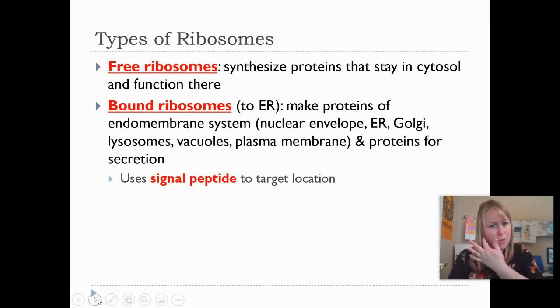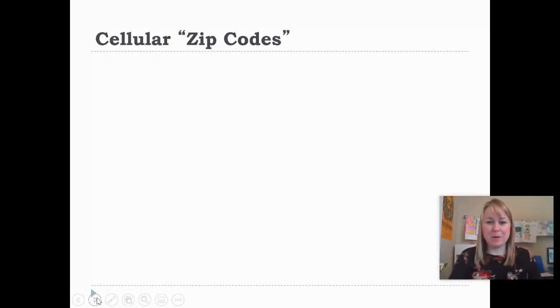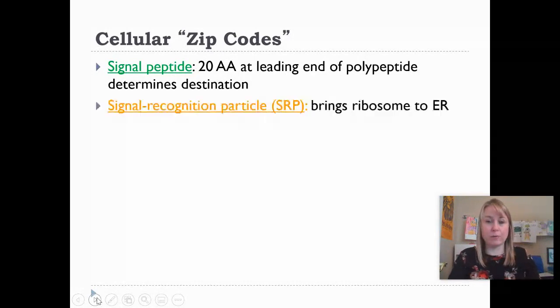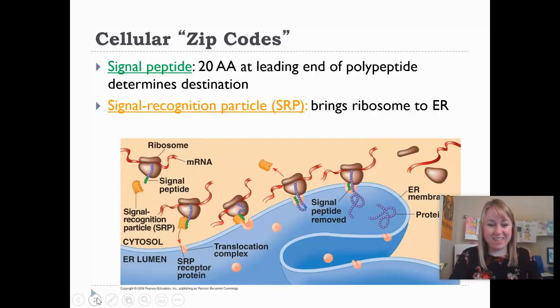Now, how does it know where to go? Of course, chemistry. There's a signal peptide, or a type of protein that acts kind of like a cellular zip code, right? It's going to tell the protein where it's supposed to end up, whether it's at the outer membrane for excretion or if it's supposed to go to a free ribosome and stay there in the cell.